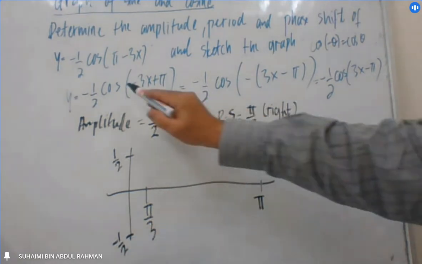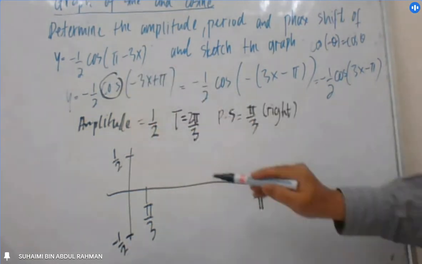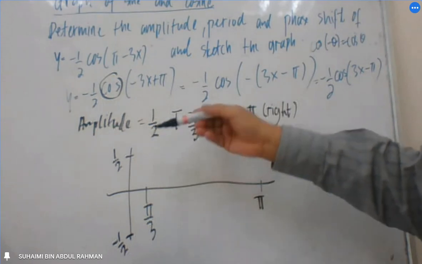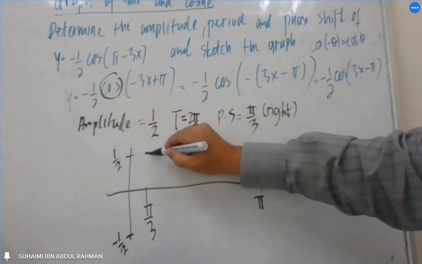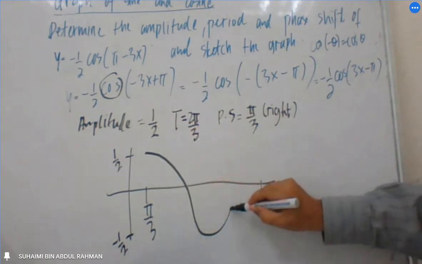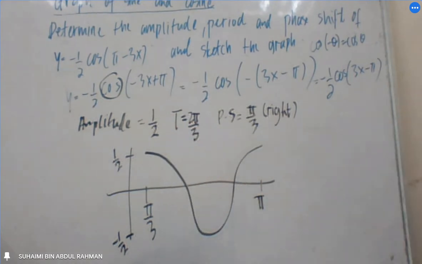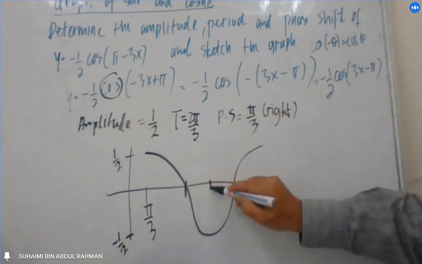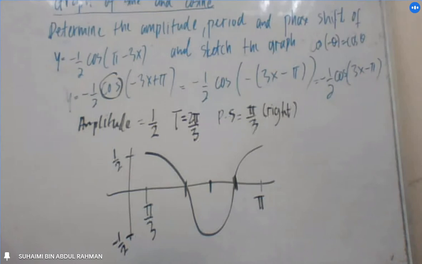We want to sketch the graph of the cos function, which means the graph looks like this. Therefore, we need to know here, here, here.